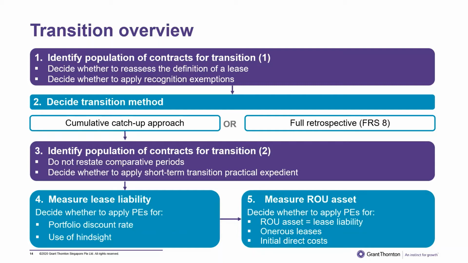So what the key difference is, in a modified retrospective approach, you don't have to go back in time. You say 1st Jan 19 is my cutoff date. I will determine my lease liability as the present value of minimum lease payments due after 1st January 19. So it reduces a lot of work for you. On day one, you can opt to elect your ROU asset as equal to your lease liability.